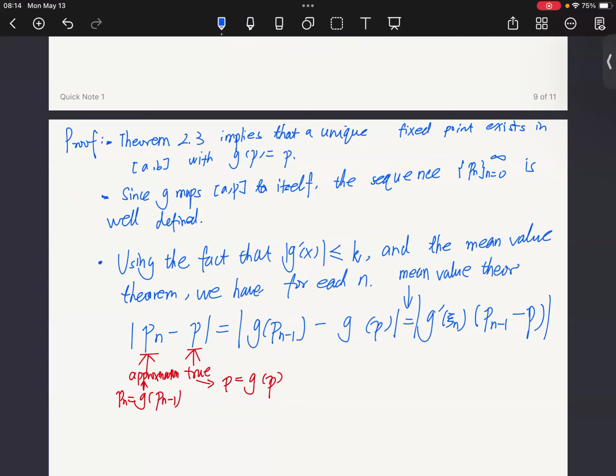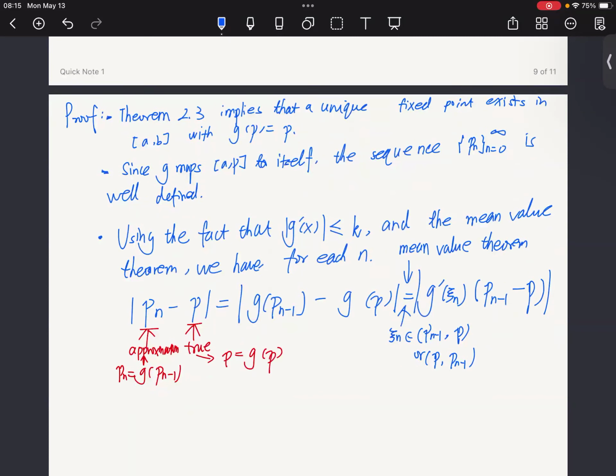For Cn, we know that Cn should be in the interval between Pn minus 1 and P. I'm not sure about the order, maybe Pn minus 1 is bigger, maybe Pn minus 1 is smaller, but Cn should be in this interval.